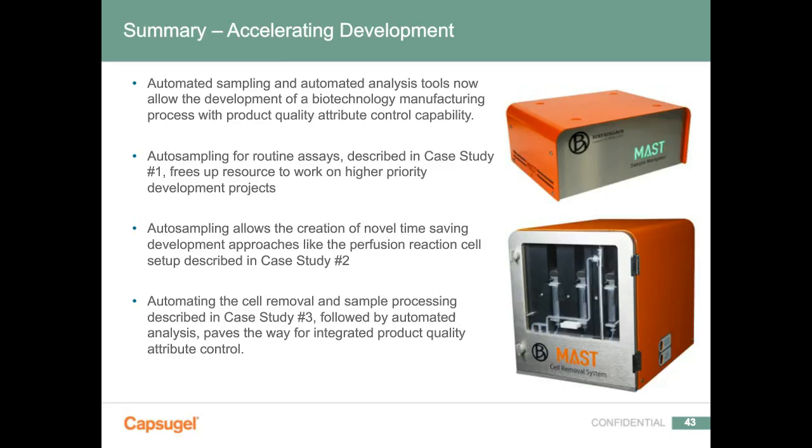In the second case study, the auto sampling allows creation of new development approaches like the perfusion cell setup we described, but that's just one example. And knowing that you can auto sample and auto analyze gives you a whole new way of attacking development. And then last, we showed in case study 3 how automated sampling and analysis paves the way for integrated product quality attribute control.